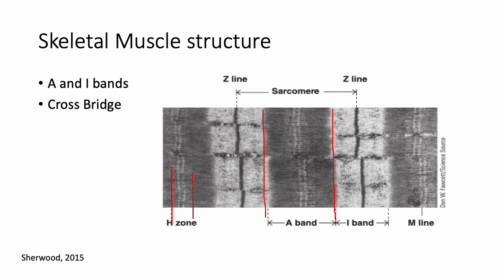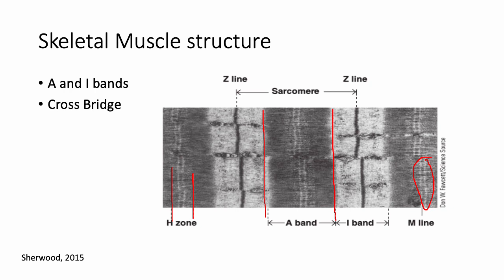The M line we see here extends vertically down the middle of A bands within the H zone. These house our supporting proteins that hold the thick filaments together in a vertical direction within each stack.